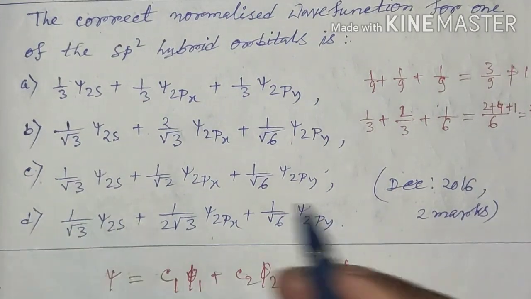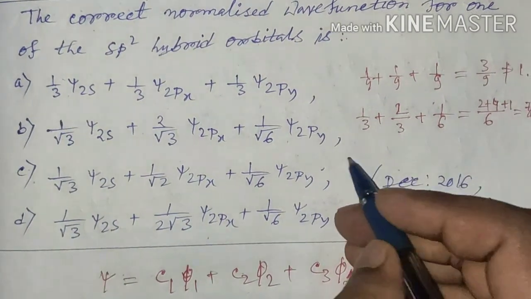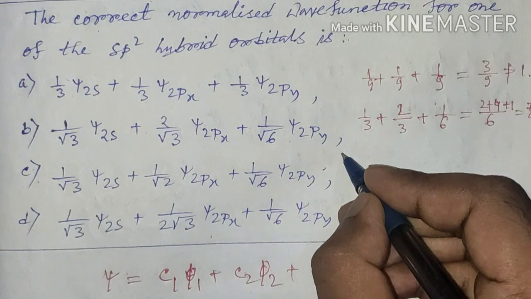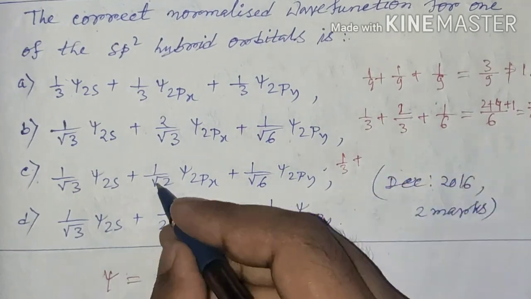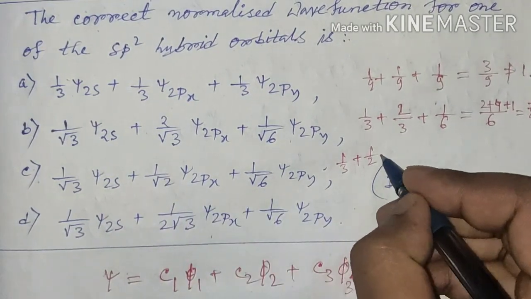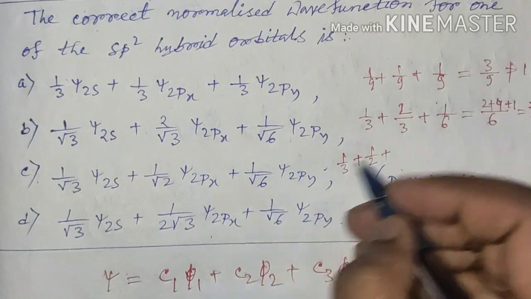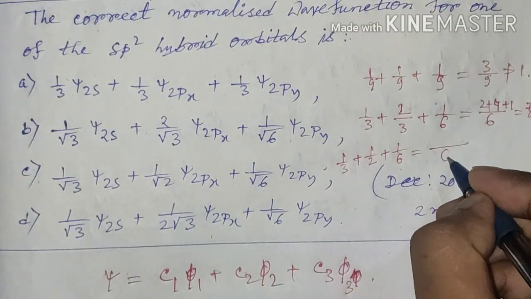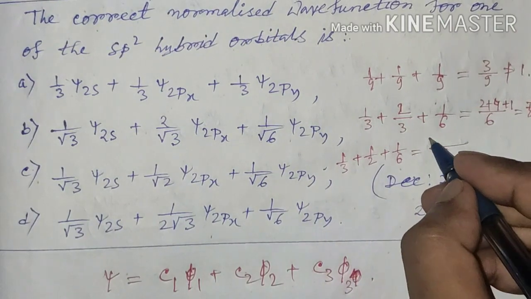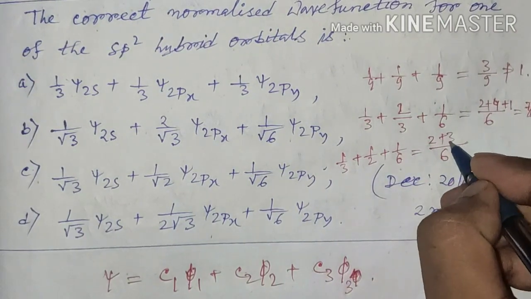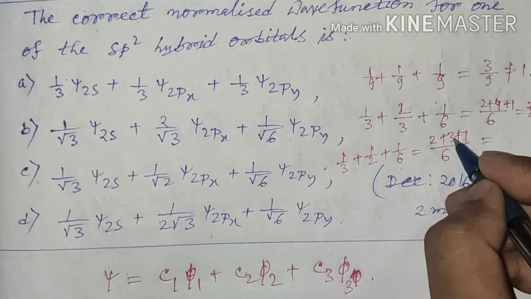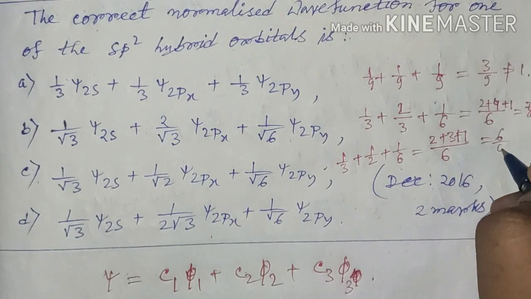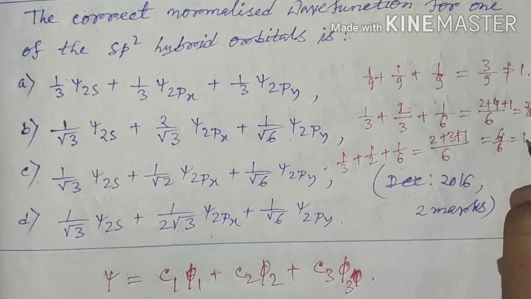In the third case, the summation is 1 by 3 plus this square, that means 1 by 2, and C3 square, that is 1 by 6. If you add these 3, it will be 2 plus 3 plus 1, that means 6 by 6. It is equal to 1.